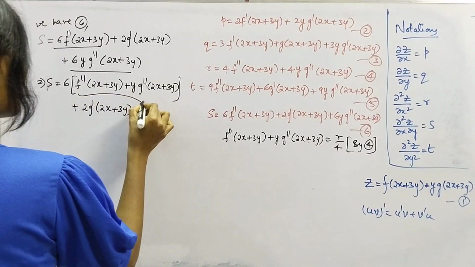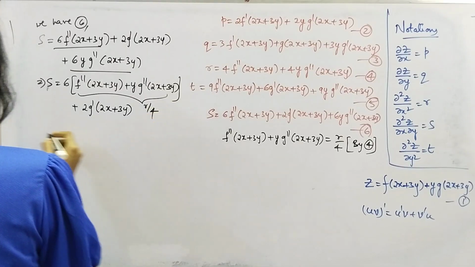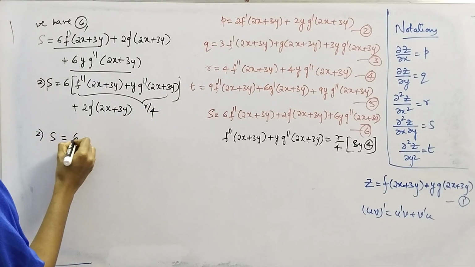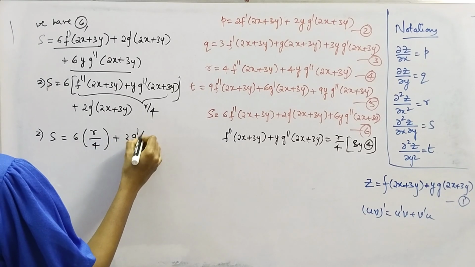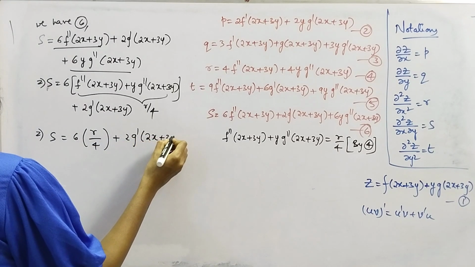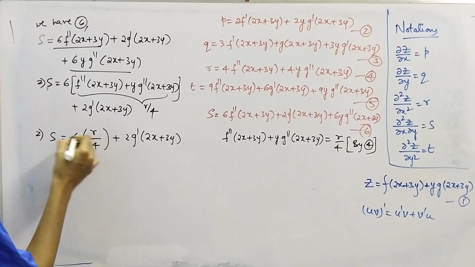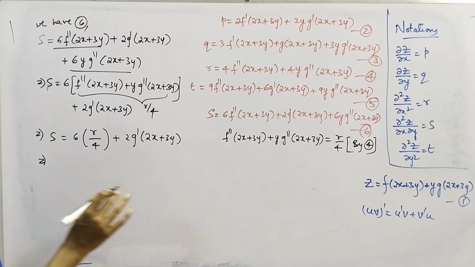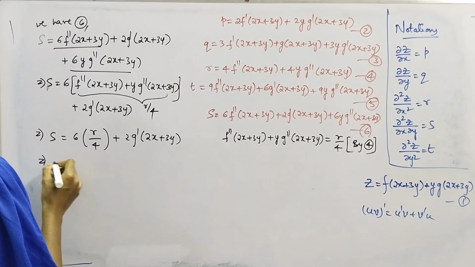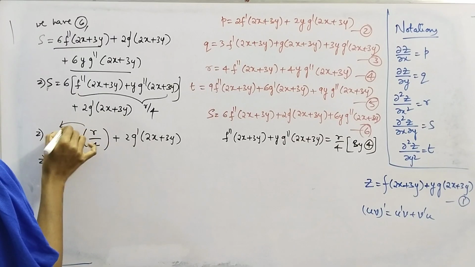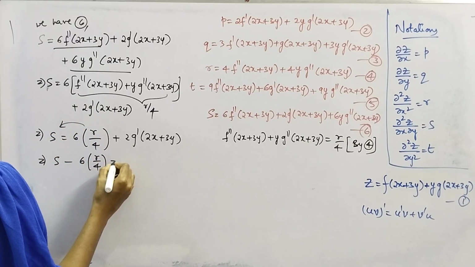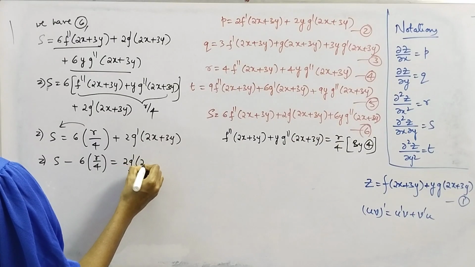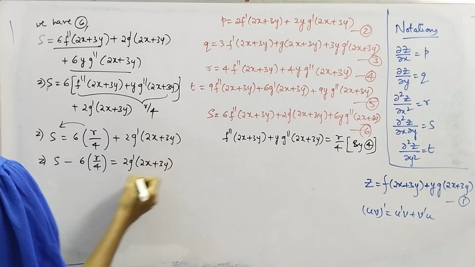Just replace this using r by 4. We'll get s equal to 6 into r by 4 plus 2 into g dash of 2x plus 3y. If you want, you can simplify it or leave it like this. Now you can bring this term to LHS. You'll get s minus 6 times r by 4 equal to 2 into g dash of 2x plus 3y.